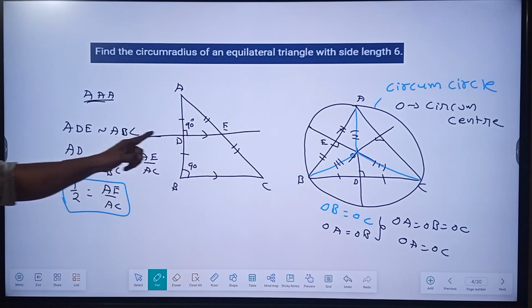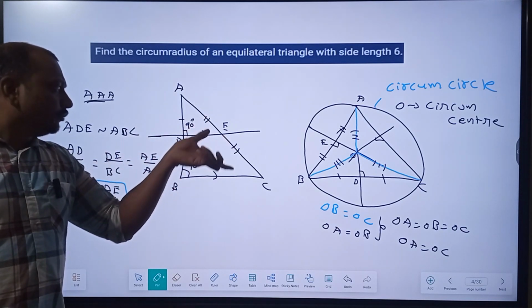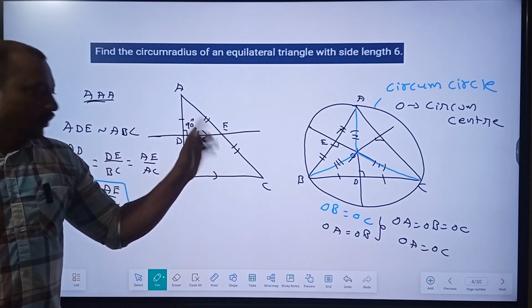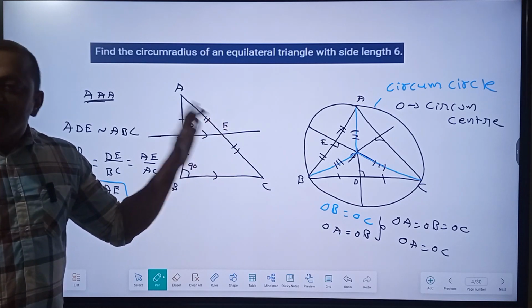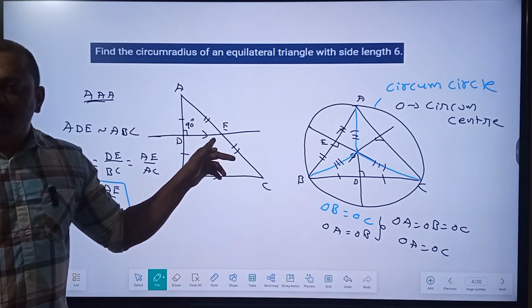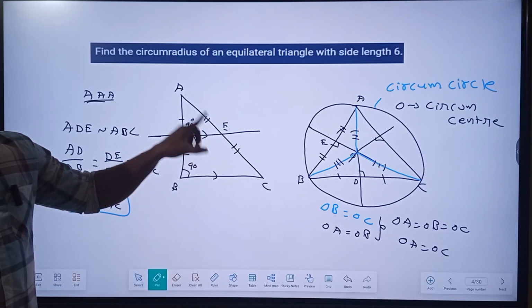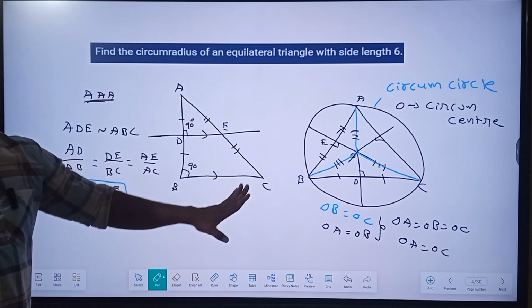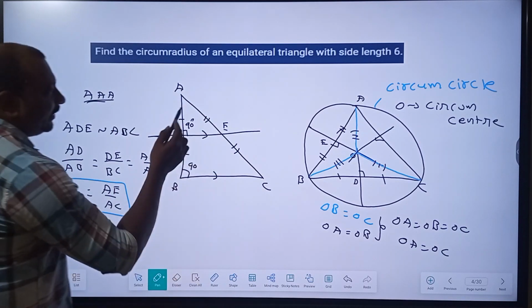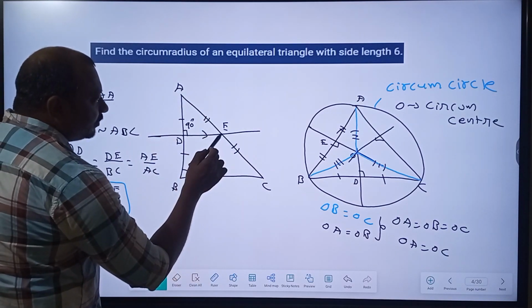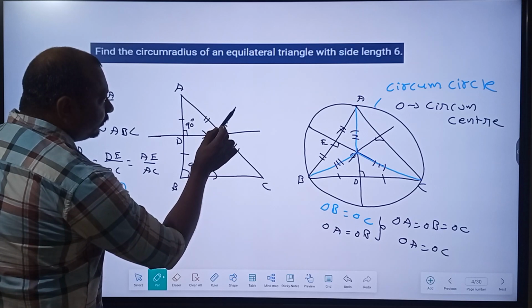Now if you draw the perpendicular bisector of the line AC, it definitely passes through E because E is the midpoint.